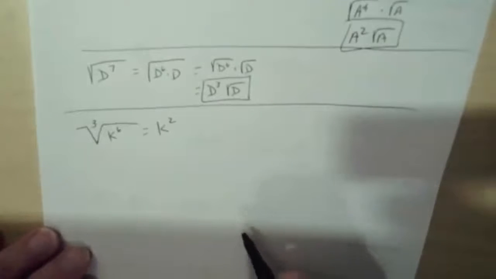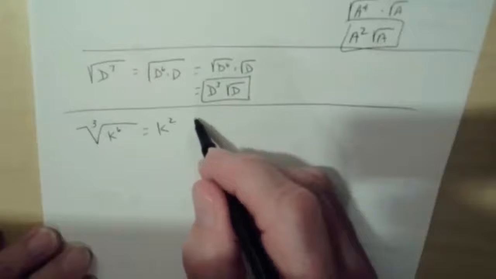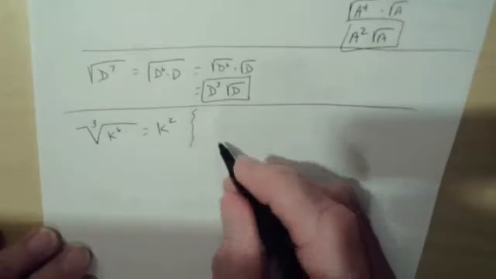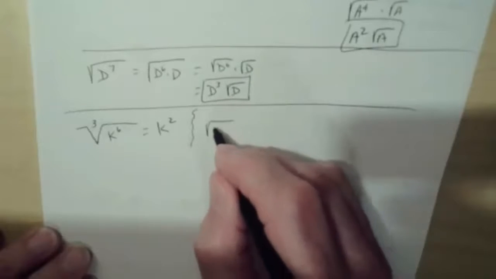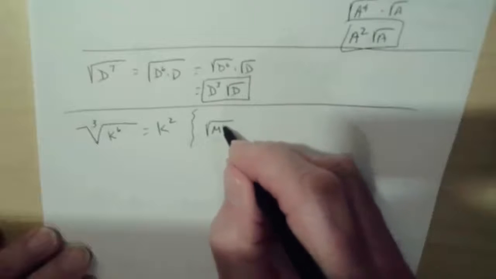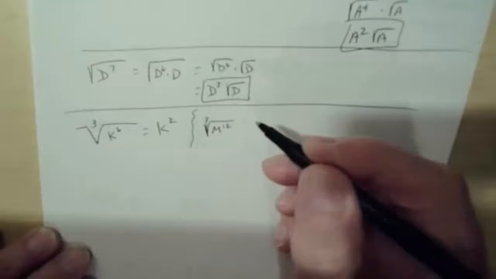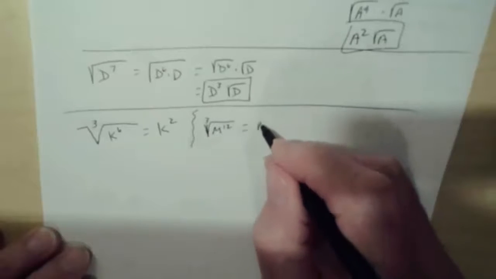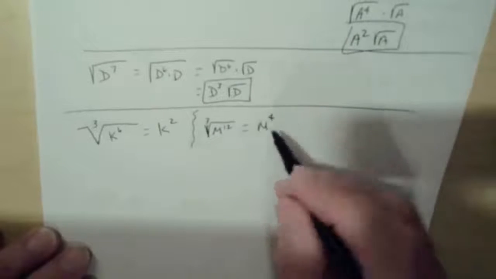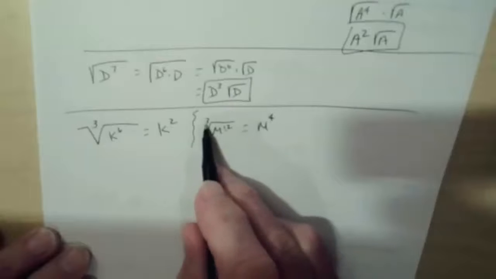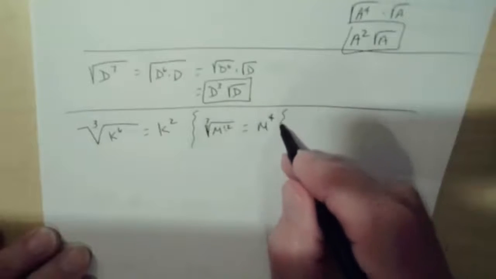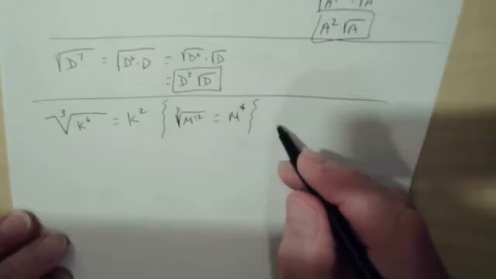Yes. Or if we have the cube root of m to the 12th, that's going to be m to the 4th. We're going to divide the 12 by 3. And same kind of problem.